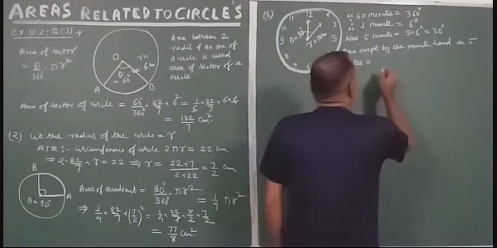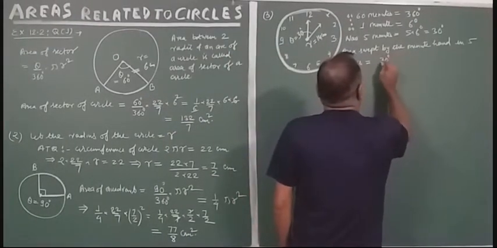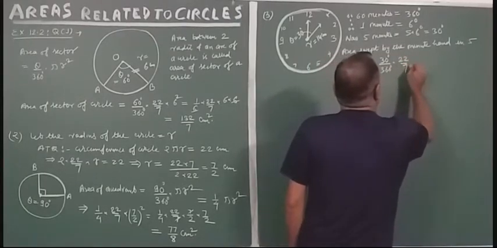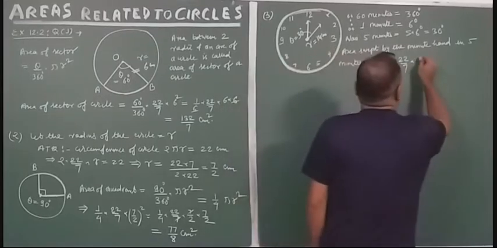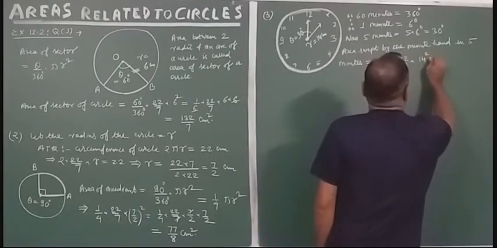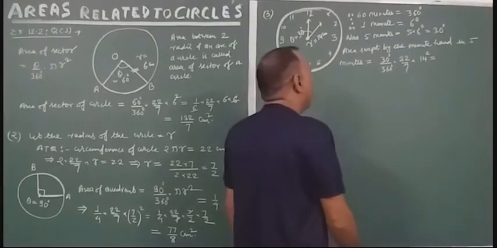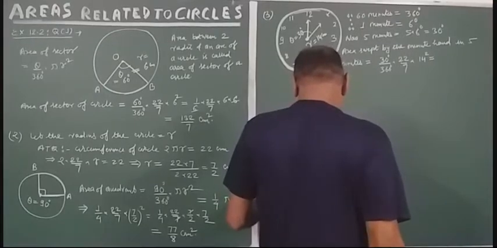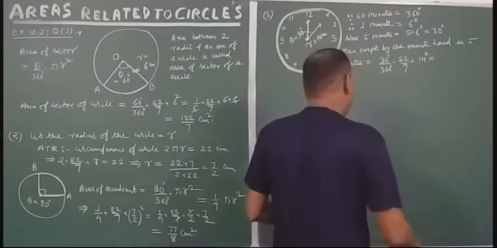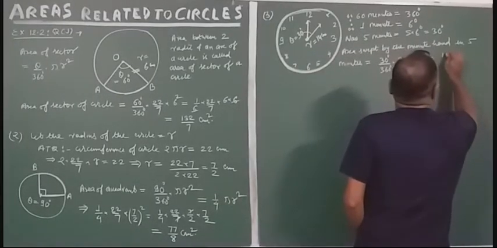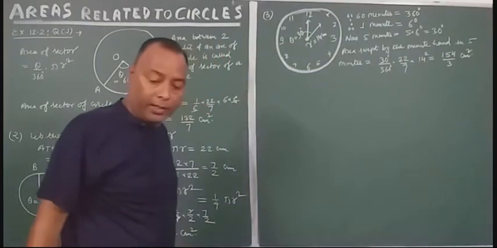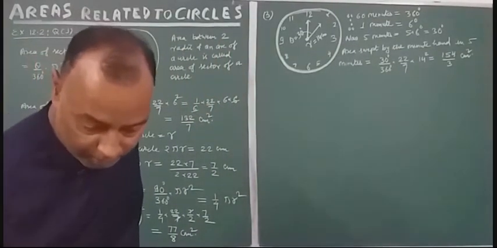So it will be 30 degree upon 360 into pi into r square, and r is 14 centimeter, so 14 square. When you solve this, it is 1 upon 12, and when you divide, it will become 154 upon 3 centimeter square.